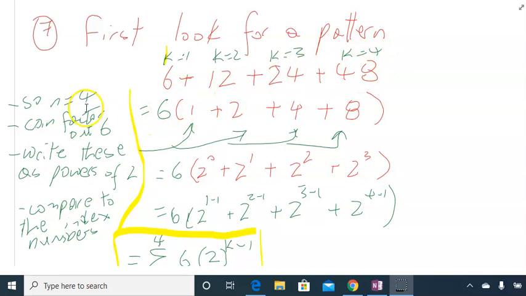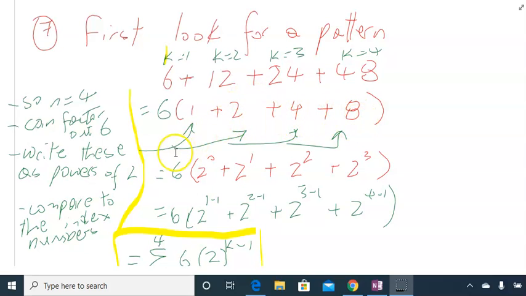So let's factor out our 6. So we have 6 times (1 plus 2 plus 4 plus 8). And then let's see if we can see a pattern in these numbers, 1, 2, 4, and 8. Obviously, 2 times 1 gives 2, 2 times 2 gives 4, 2 times 4 gives 8.